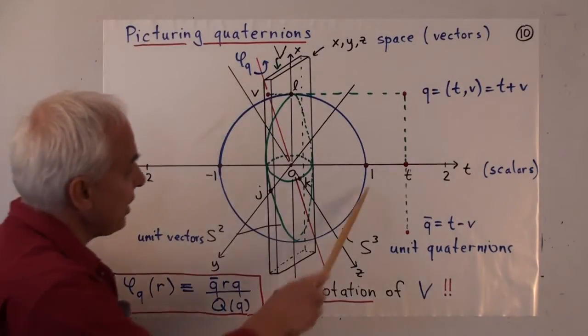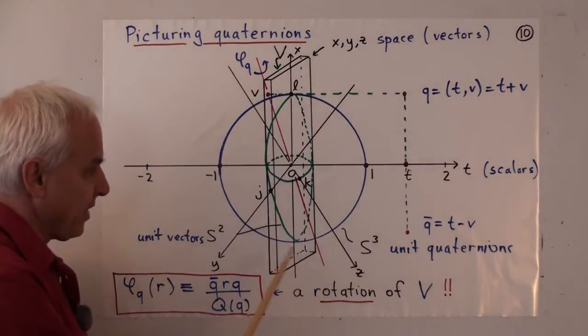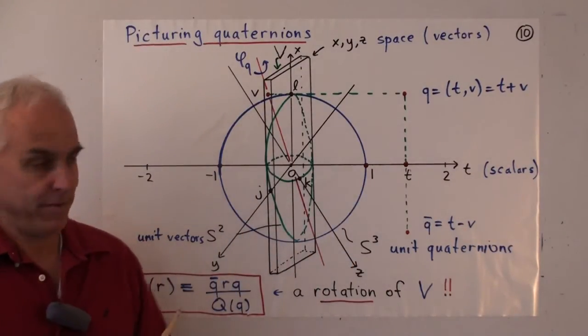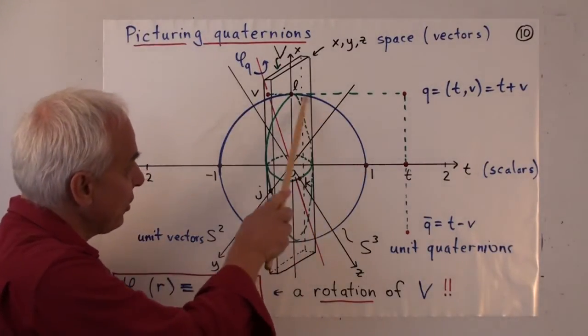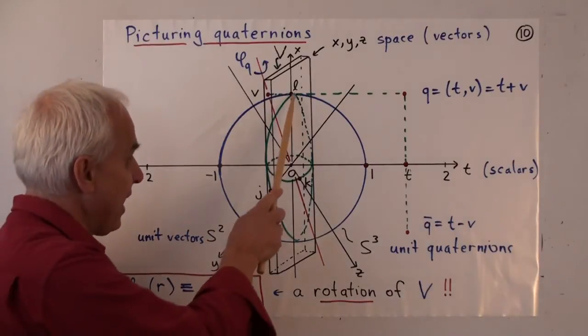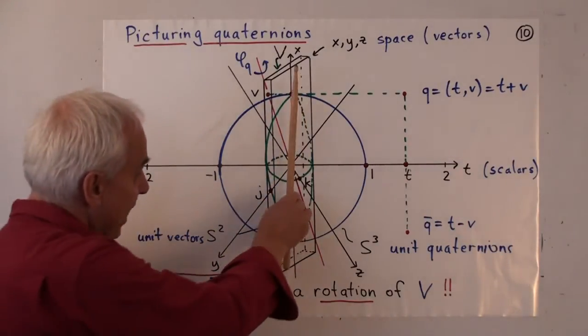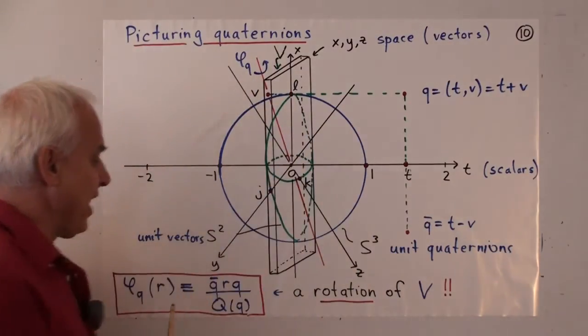I've also shown you the unit quaternion sphere, the S3, consisting of all the quaternions whose quadrance is 1. That includes the point 1. It also includes our basis vectors i, j, and k, which lie on the x-axis, the y-axis, and the z-axis.